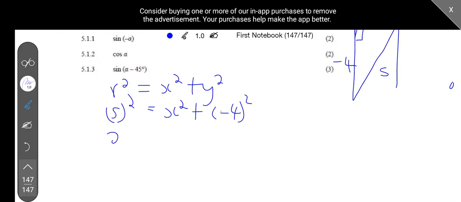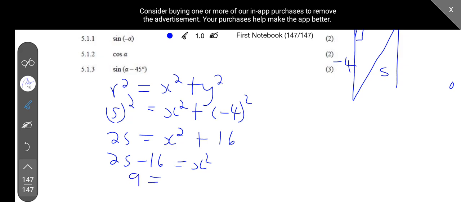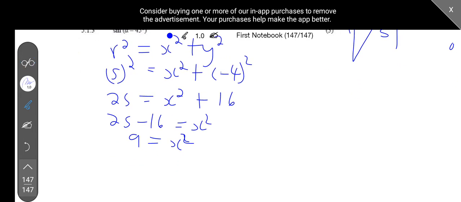So 5 squared is 25, which is equal to x squared plus 16. And then we say 25 minus 16 is equal to x squared. 25 minus 16 is 9. 9 is equal to x squared. Then you must square root both sides. On square rooting both sides, please, whenever you do this, say plus or minus the square root of the number here.